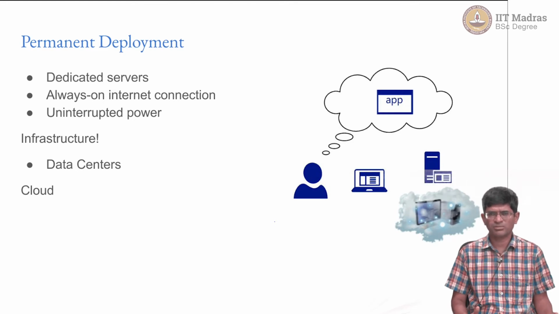But over time it got to the point where it didn't make sense for every single company to do that. Especially small companies don't really want to run through the hassle of having a dedicated data center. You need space, you need cooling, you need uninterrupted power, you need a network connection.